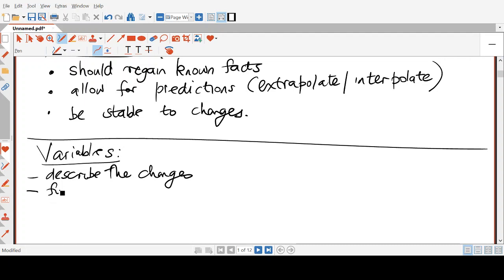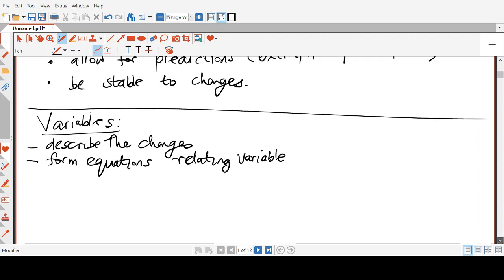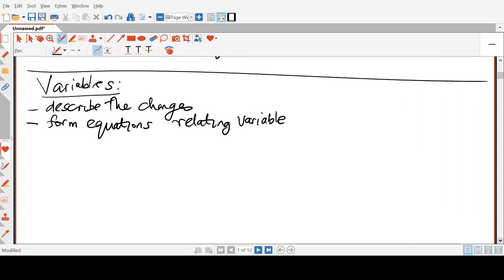And then we form equations that relate the variables. When we say form equations, we mean use some knowledge and conjecture some equations that work.